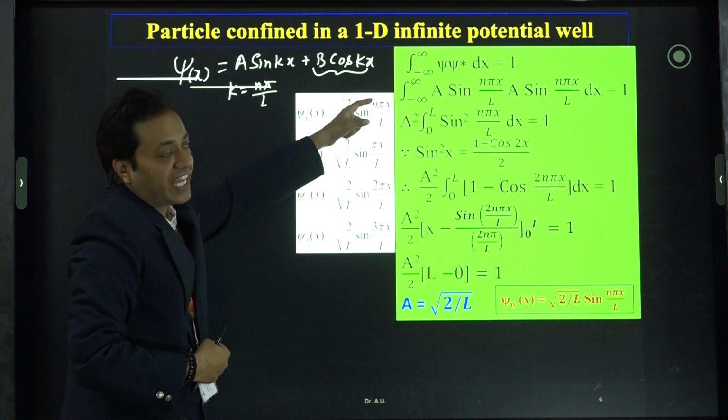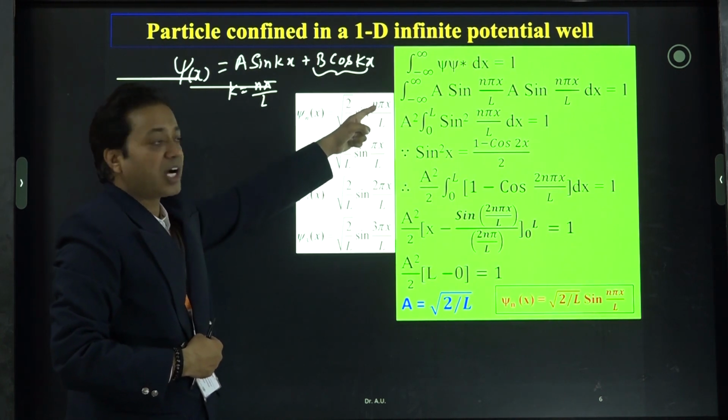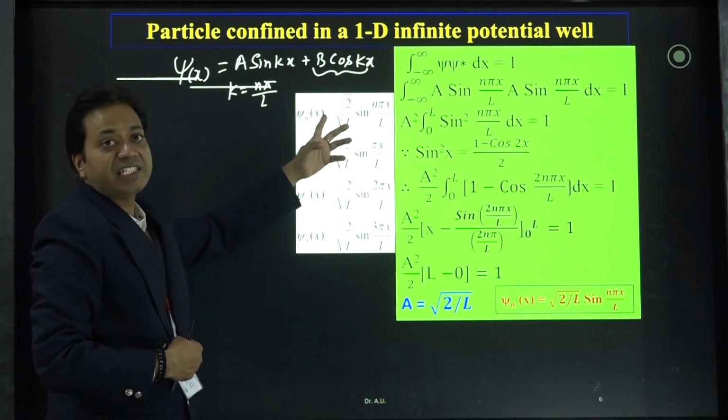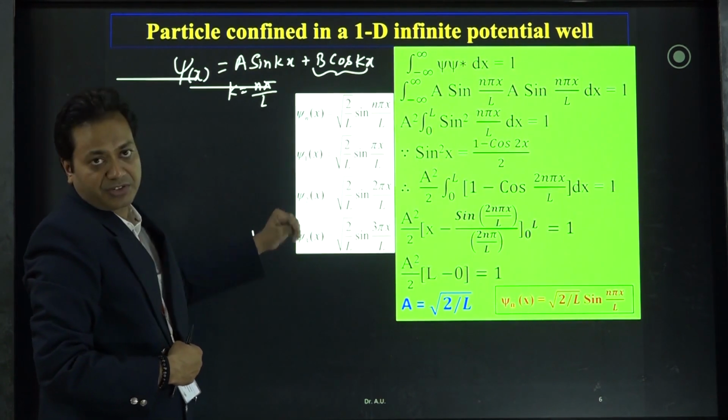For different n values, n is 1, 2, 3, we will get different wave functions.